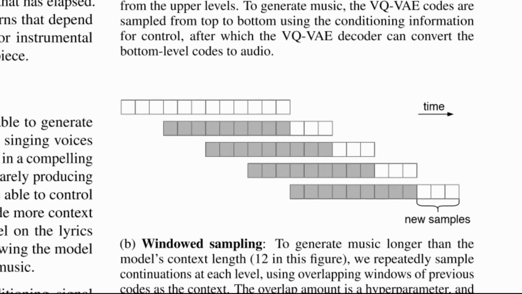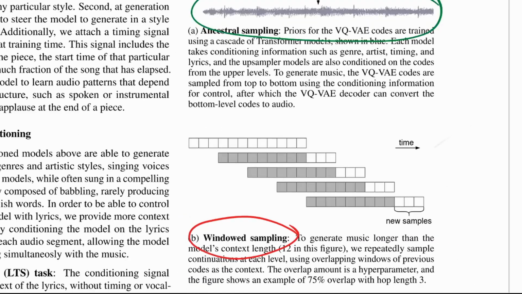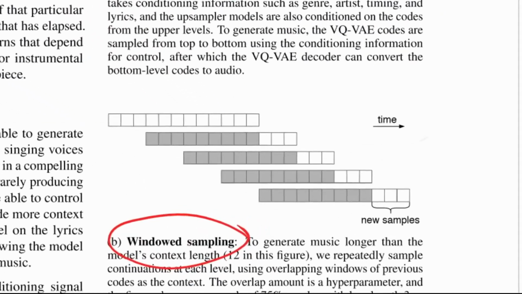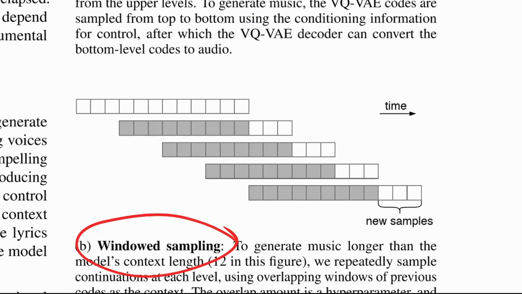The last thing is, what they do is this kind of windowed sampling. So in order to produce music, you're going to have to produce these slices of music right here. But you have a maximum length that your models can handle. And this is usually not the length of a song. You may know transformers and so on. They usually have token limits of like 512 tokens. In terms of audio, that's not that much.